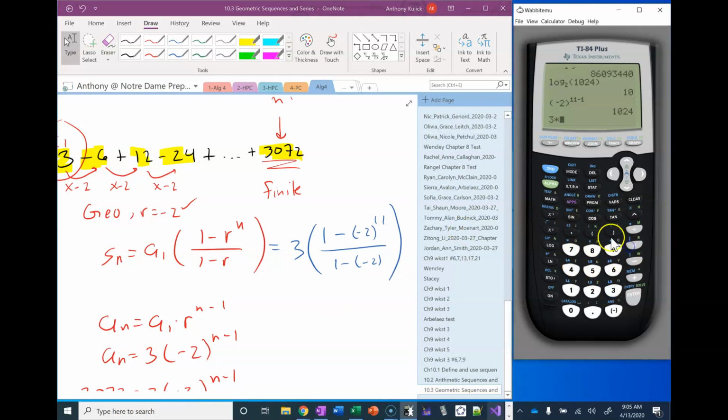So I have 3 times parenthesis 1 minus, and I have to be careful with these negative 2's. I need to make sure that negative 2 is in parenthesis, and the exponent is outside of that parenthesis. The same thing here. There's exactly what I have written down here. Press enter, and I get 2049.